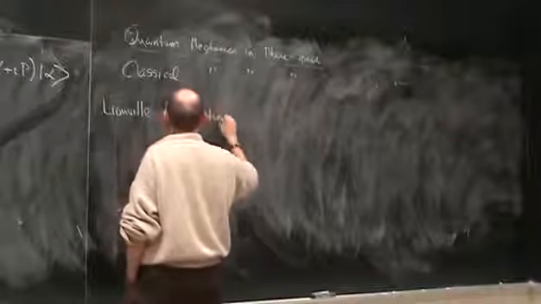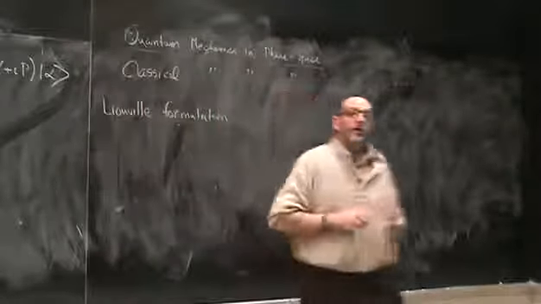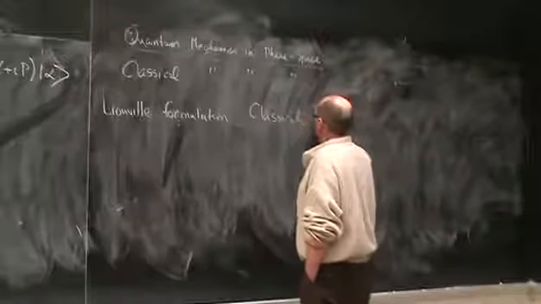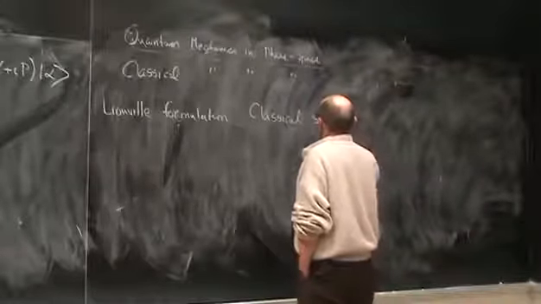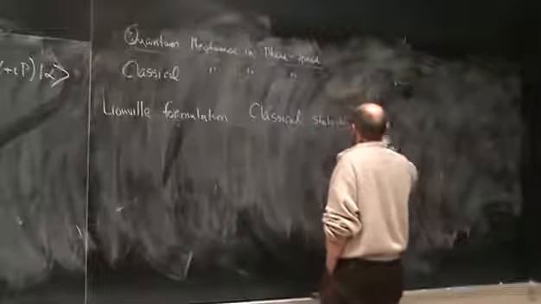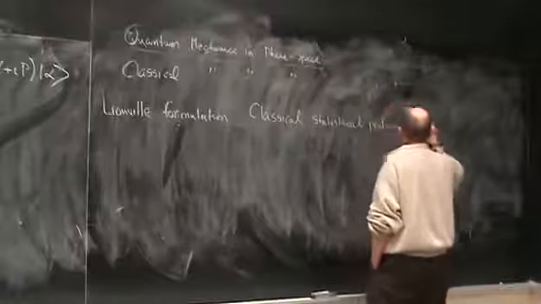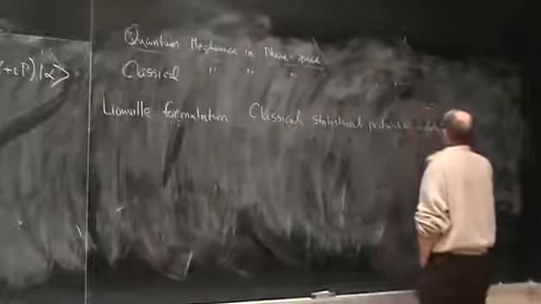In the Liouville formulation, we say the following: we have a classical statistical probability distribution on phase space.